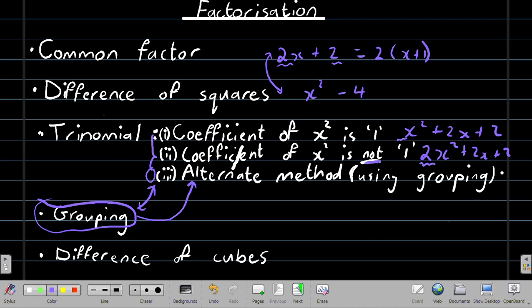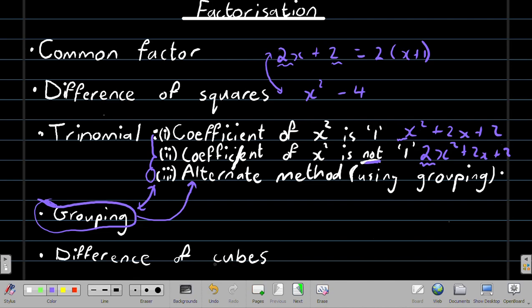And then there is another method in which you use grouping. In general at school you'll probably be taught the first two, but I will show you this one because sometimes it's just good to know these things. Usually if you just know the top two you'll be fine. But we will also be looking at grouping and then difference of cubes.